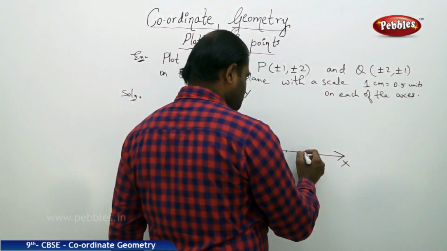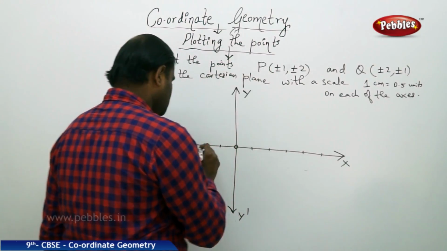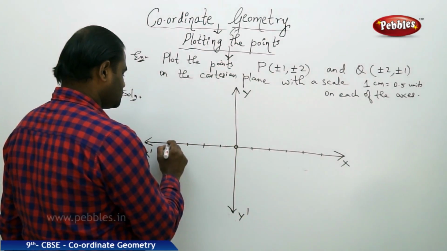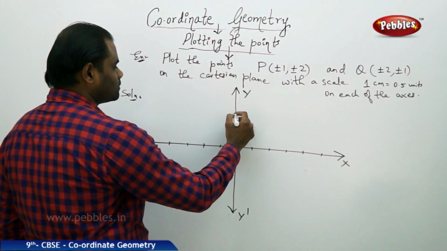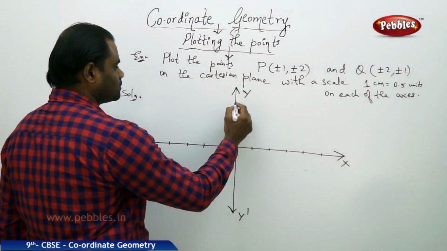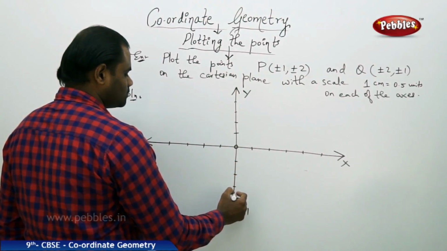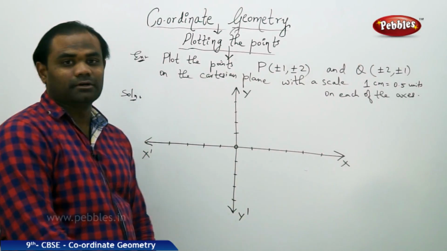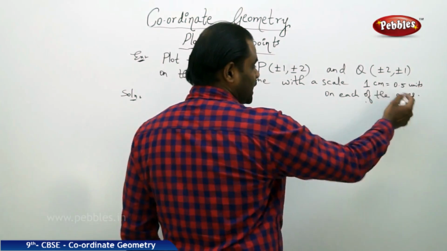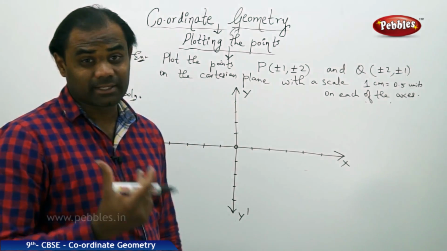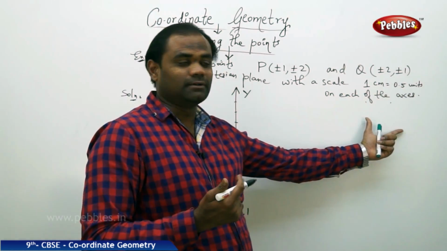So I just mark the grids, each of them, and here, each of them is 1 centimeter, and then here. Now on each of the axes, in the sense both on x and y-axis, the scale is the same, is what the question refers.